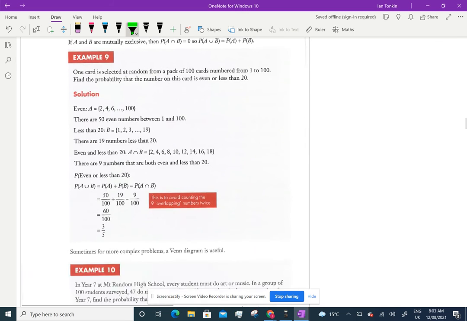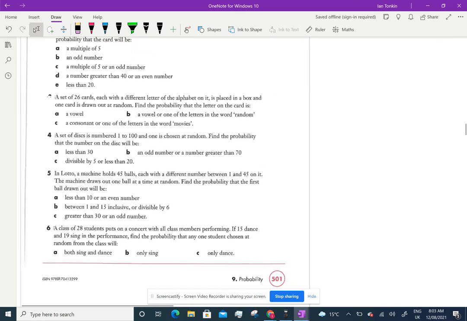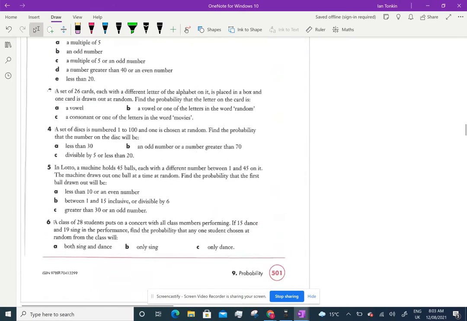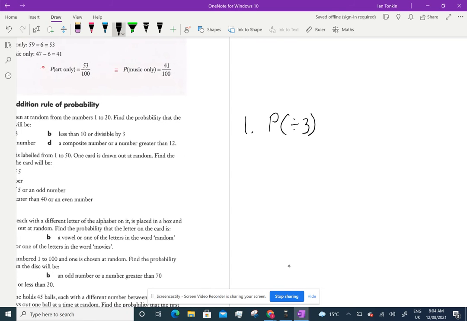So let's have a look at some of these. Now, there are not very many of these. There are only 10, so I want you to have a go at them all. I'm not going to do them all. We'll start off with the first one. A number is chosen at random from 1 to 20. Find the probability that it will be divisible by 3. Okay. Well, the probability of divisible by 3, well, they're all divisible by 3.